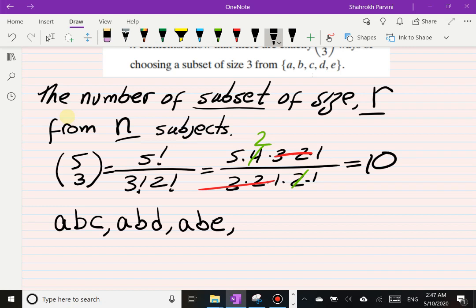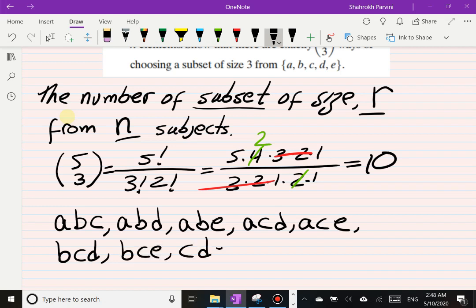Then I'm going to go A, C and do that with D, A, C with E. Then I'm going to do the same thing with B. So I'm going to go B, C, D, and then B, C, E. And then we're going to go C, D, E.